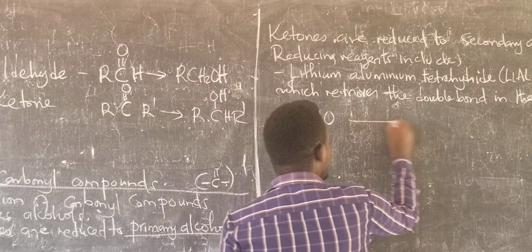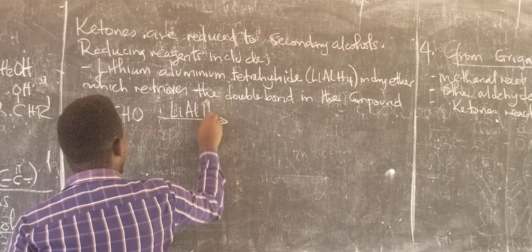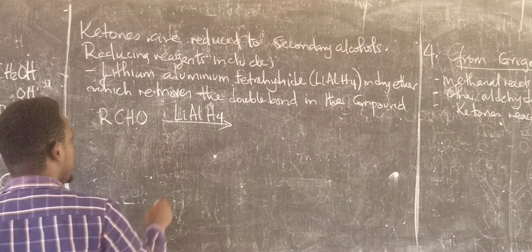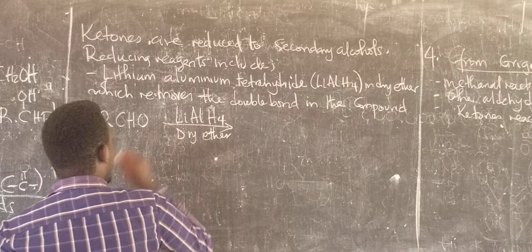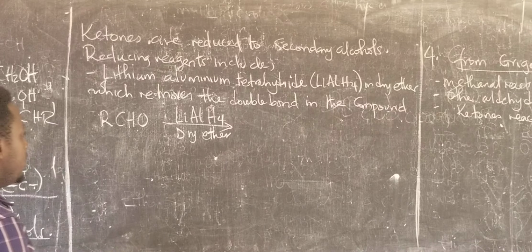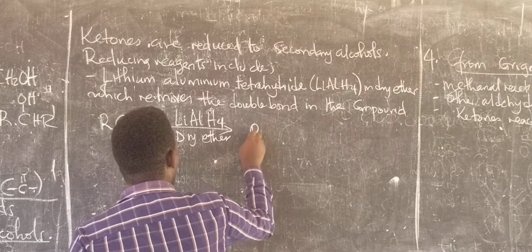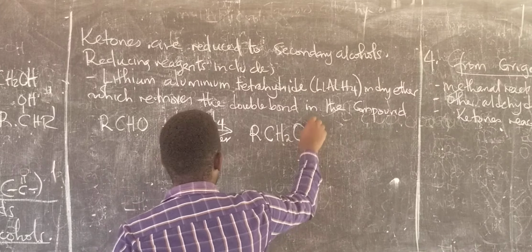So if I use lithium aluminium tetrahydride in presence of dry what? Dry ether. If that happens, what do I form? I form RCH2OH.